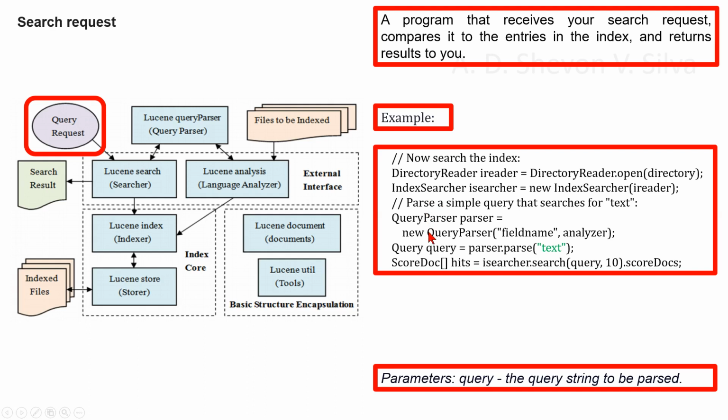As an example, we can consider this code segment. Here you can see the parameter query, the query string to be passed. Here the parse method, and in this code you can see now search the index.